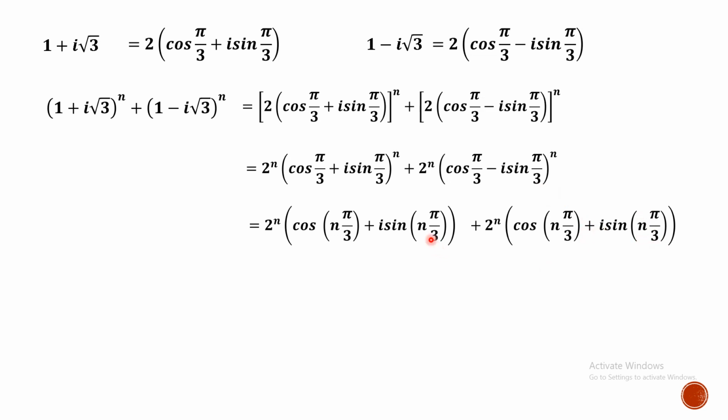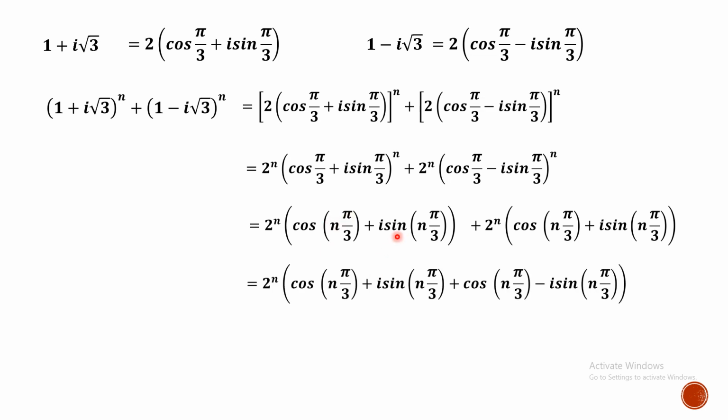Now if we take 2 power n commonly outside, our result will be cos n pi by 3 plus i sin n pi by 3 plus cos n pi by 3, and this is minus, as I told you, minus i sin n pi by 3. So these two terms will cancel one another. Our result will be this cos and this cos, so 2 cos of n pi by 3.